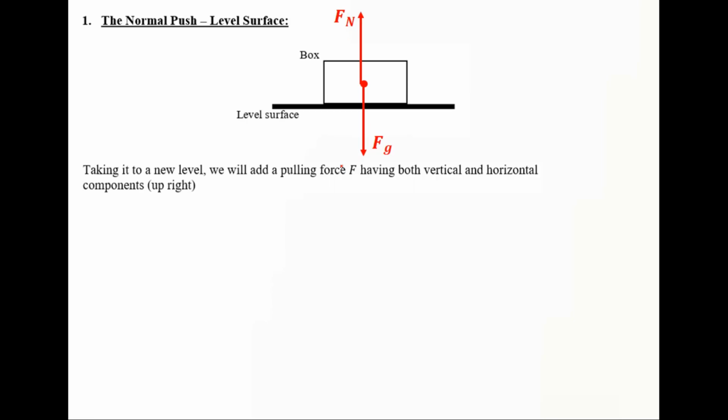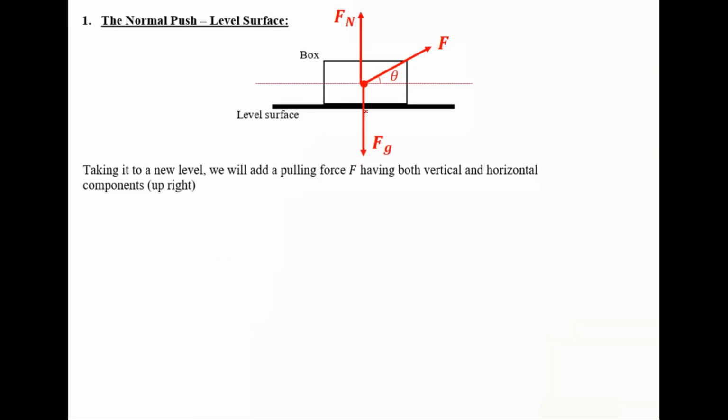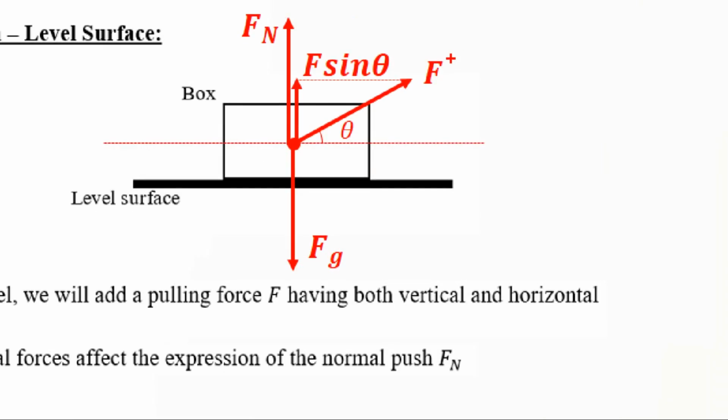Now taking it to a new level, we will add a pulling force F having both vertical and horizontal components, pointing up and to the right. So now we have added a new force, a pulling force making an angle theta with the horizontal, and we will see how this would affect the normal push. Components of vertical forces affect the expression of the normal push. This force can be decomposed along the horizontal and along the vertical.